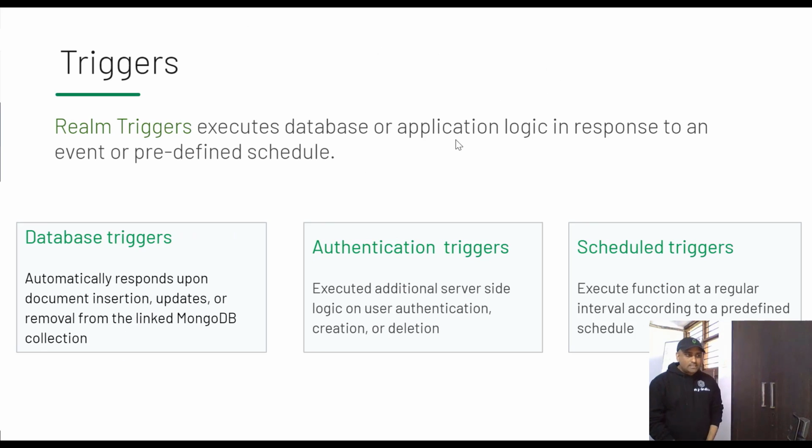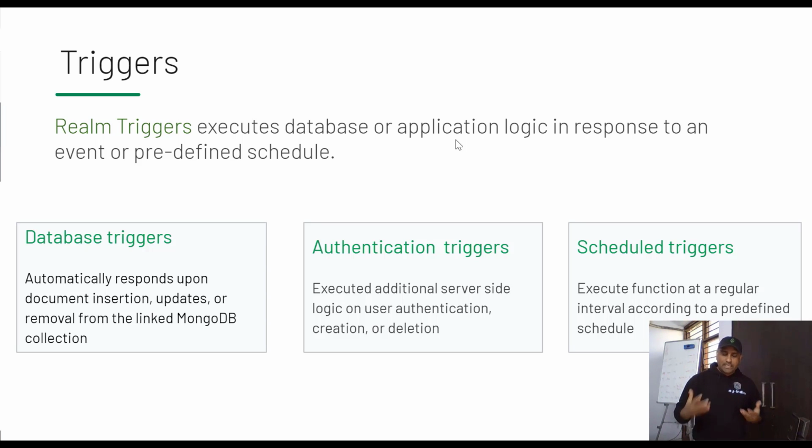Now it has triggers. A Realm trigger executes database or application logic in response to an event or a predefined schedule. So there are three types of triggers in Realm. Database triggers: when you insert a document, update a document, or remove a document, if you want to perform a certain action, you can achieve that using database triggers.